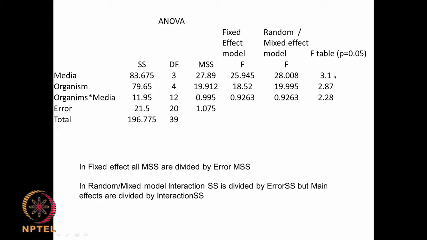For the random effect model, it is not 3 and 20 degrees of freedom, it will be 3 and 12 degrees of freedom, because in the random effect model you are dividing by the interaction.